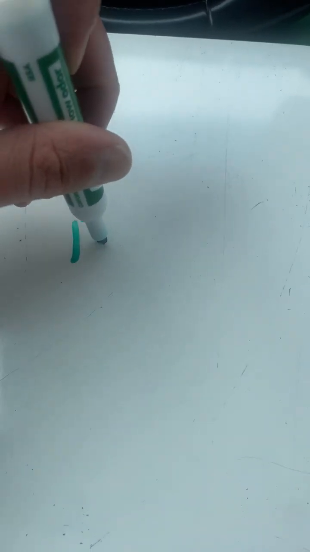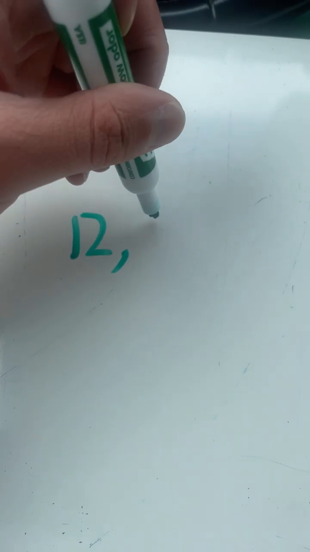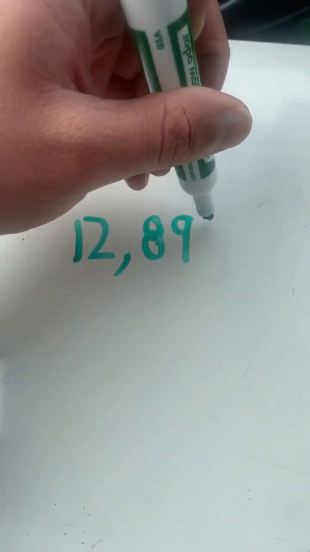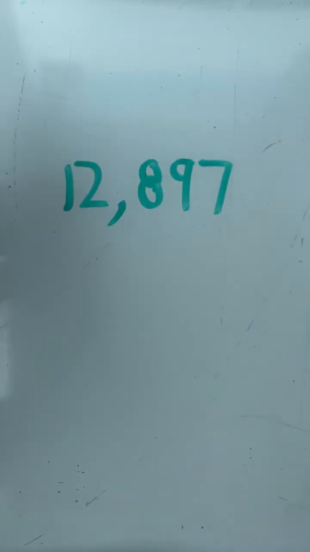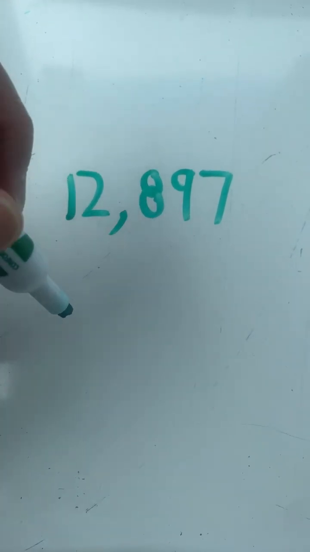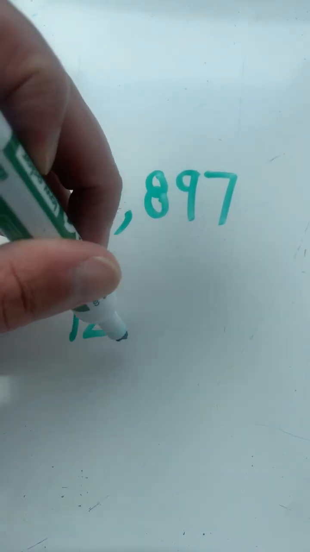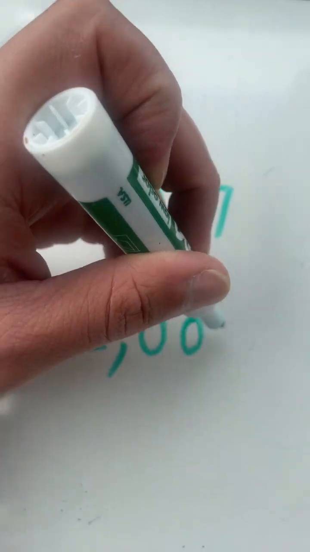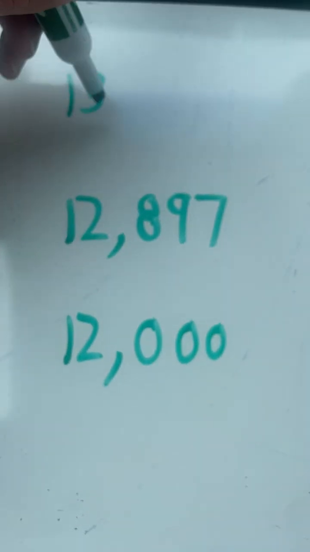All right, 12,897. 12,897 falls in between 12,000 and 13,000.